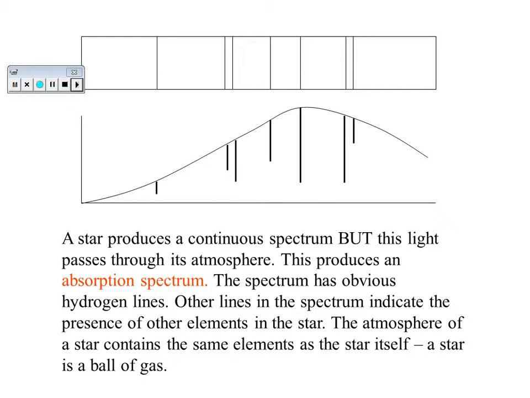Important statement though: the atmosphere of a star contains the same elements as the star itself, because it's a big ball of gas, and as we know, the gaseous state mixes those elements up.